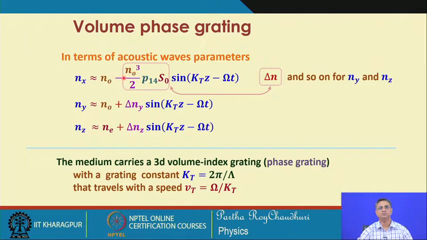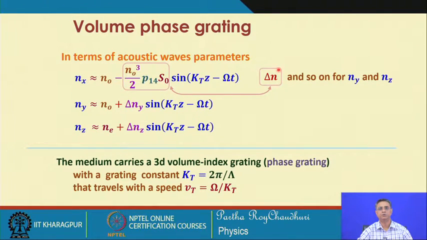In terms of the acoustic wave parameters, we can now write the first one, which we have already shown. This quantity represents the change in the refractive index on top of the base value which is there in absence of any acoustic wave. So, this is the change in the peak value of the refractive index because of the presence of the acoustic wave.